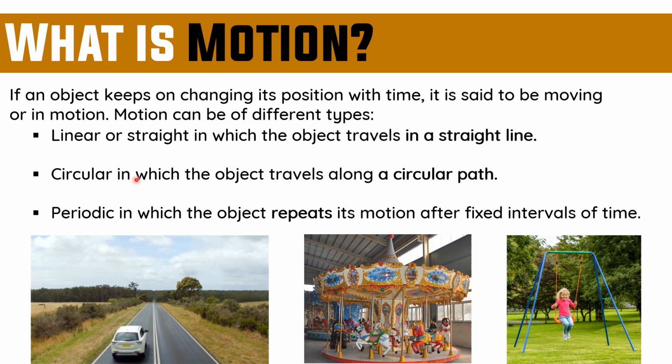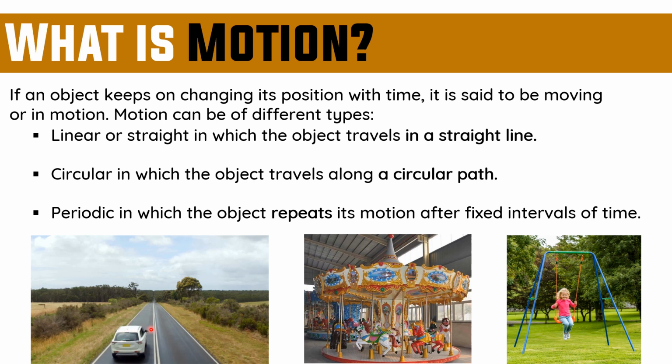So we'll see that with some examples. First one, linear or straight, in which the object travels in a straight line. So any object that travels in a straight line, we can call it linear motion or rectilinear motion.